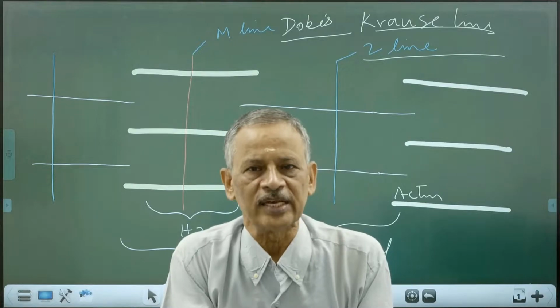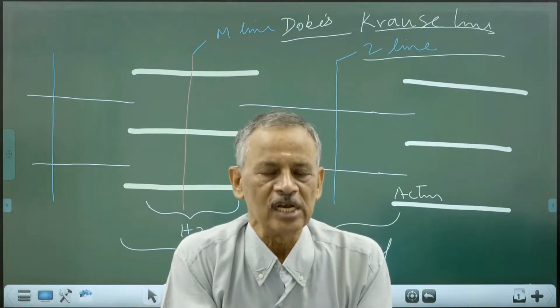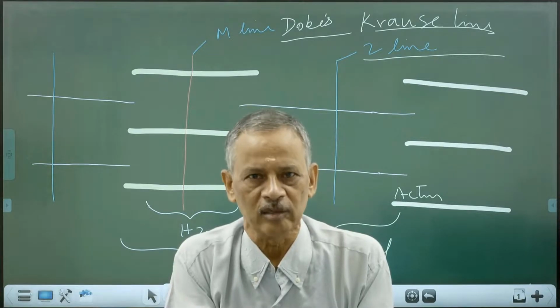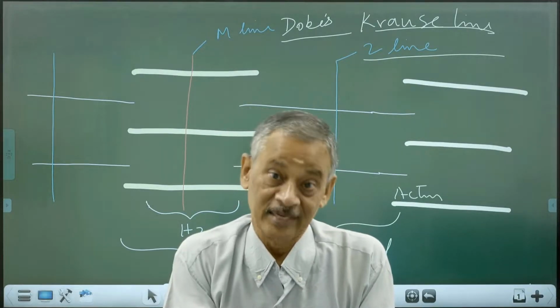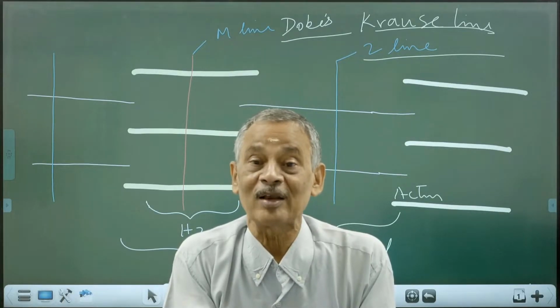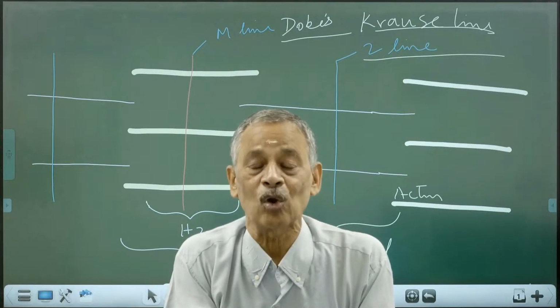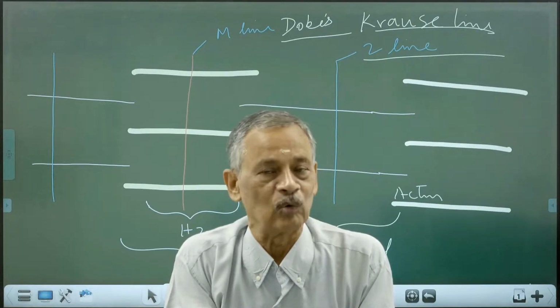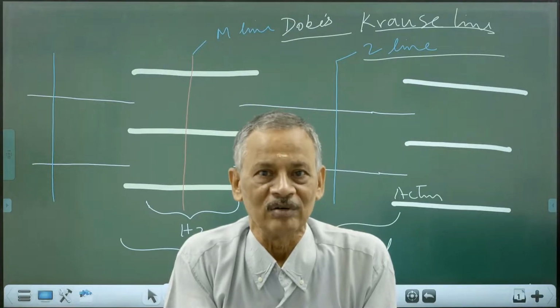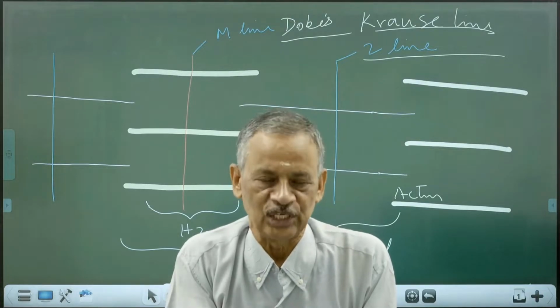This is the reason why skeletal muscles are having alternate dark and white bands. In smooth muscles, these filaments are not organized or arranged in this regular fashion. That is why there are no alternate dark and white bands in them. Okay.